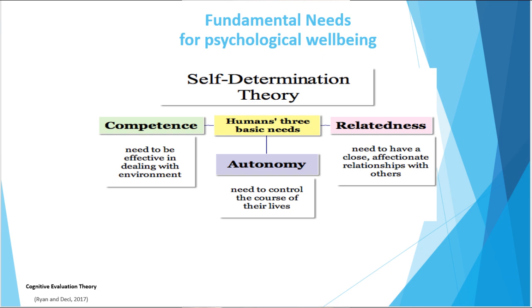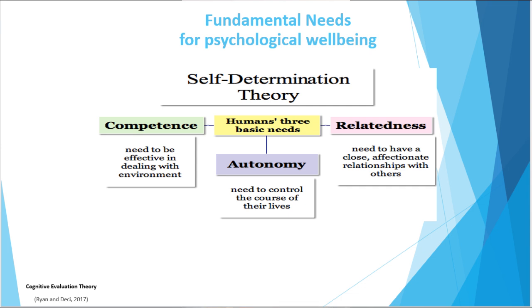The second element is autonomy, having a choice. You're not being controlled, you're not being micromanaged. When you have that autonomy, there is a high chance you will experience intrinsic motivation or other high quality motivation.